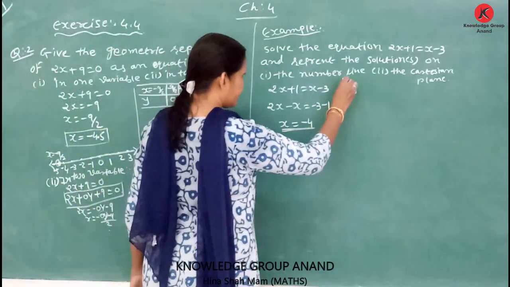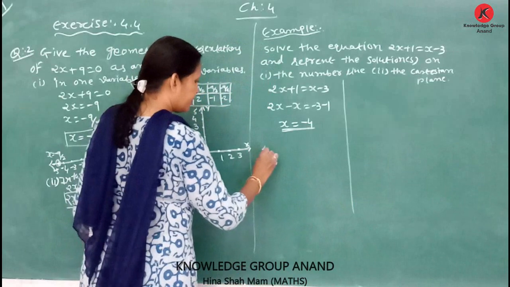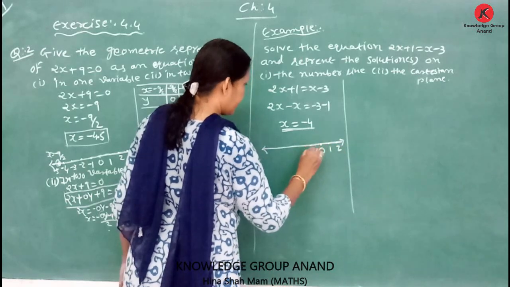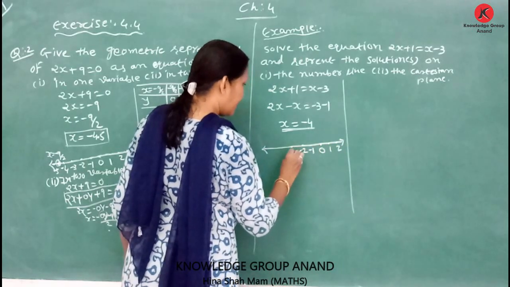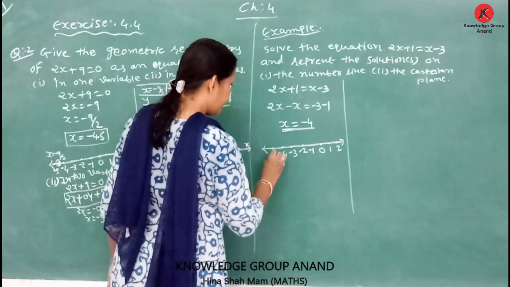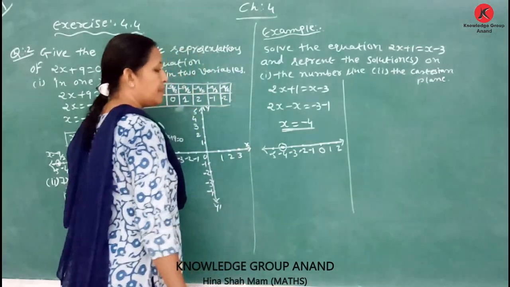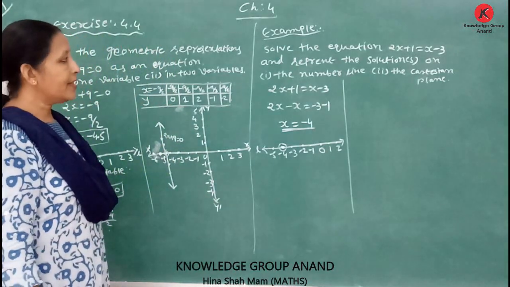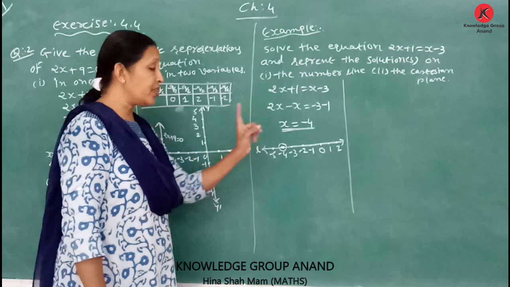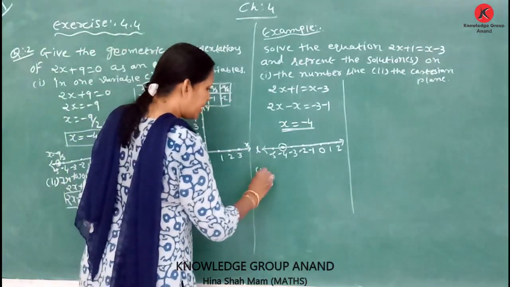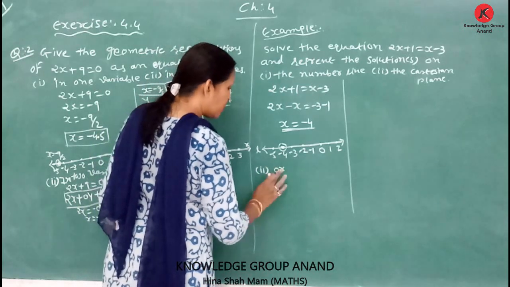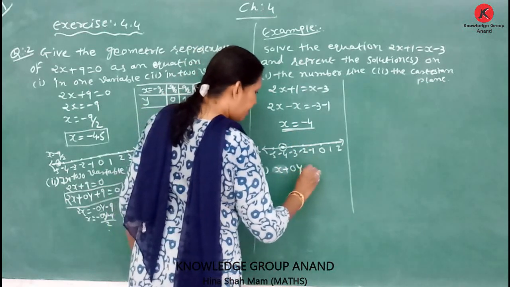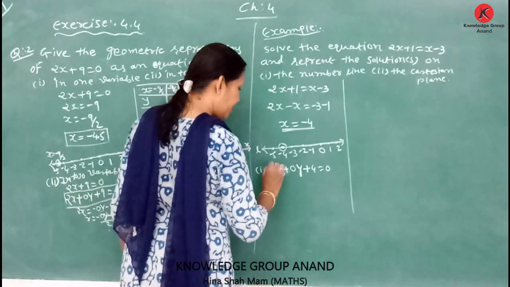On the number line, here is minus 4. In the Cartesian plane, x equals minus 4 is written in two variables as x plus 0y plus 4 equals 0.